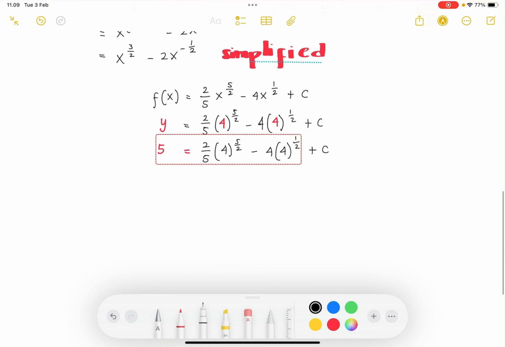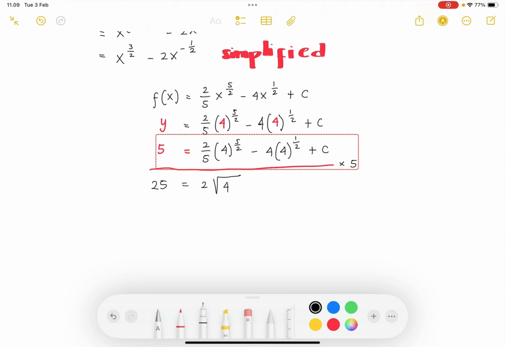Okay, how can we make it easier to calculate? For me, I will multiply all by 5. Why? I don't like the fraction there. So here 25, right? Here 2, and then here 4 to the power of 5, square root of 4 to the power of 5, minus 4 square root of 4, plus c.